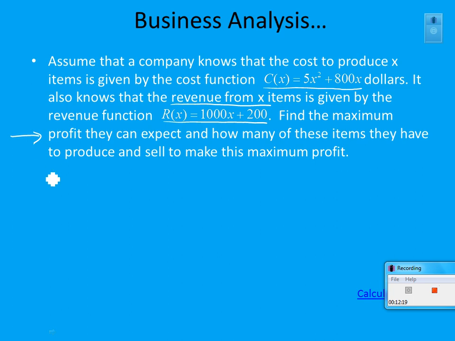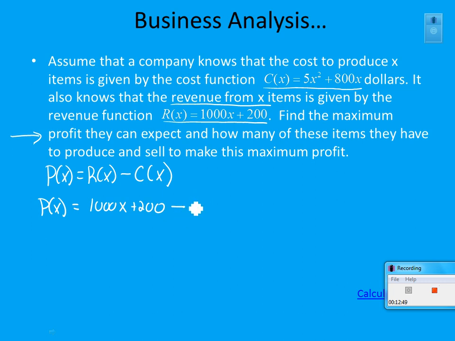Remember from chapter 1 that our profit equation is our revenue equation minus our cost equation. So let's go get our profit equation. Our profit equation is going to be my revenue, which is 1000X plus 200, minus my cost equation. So I'm going to have minus 5X squared minus 800X.